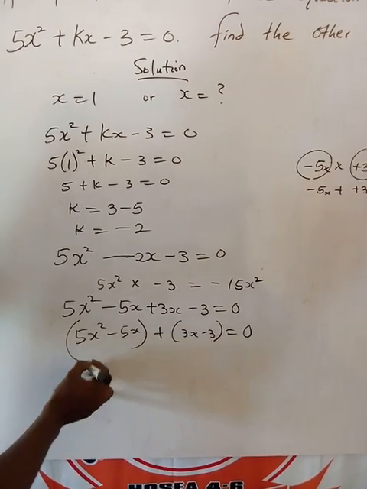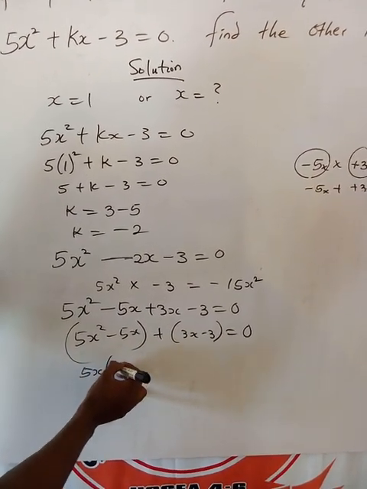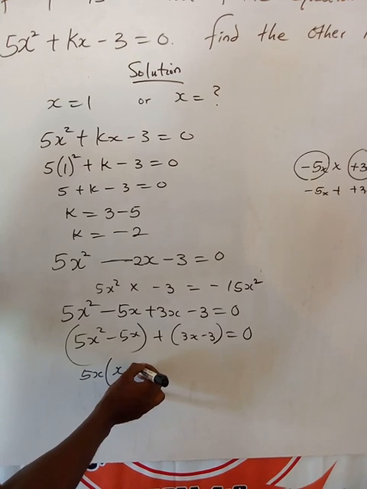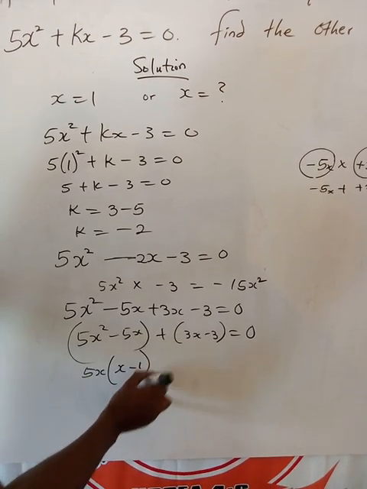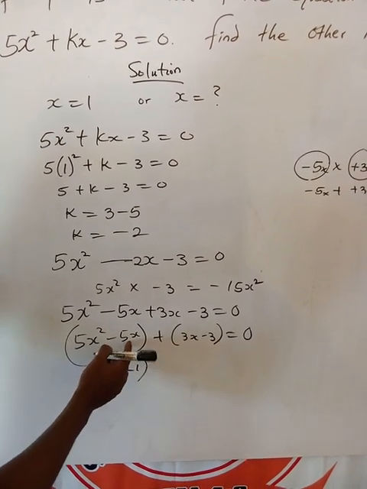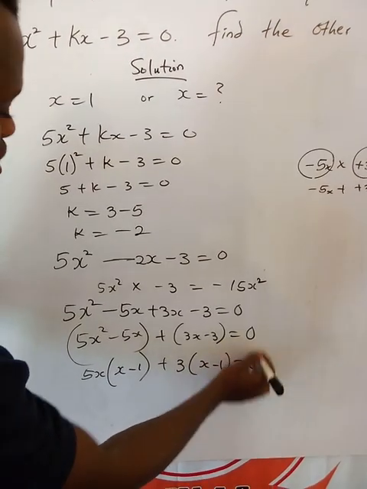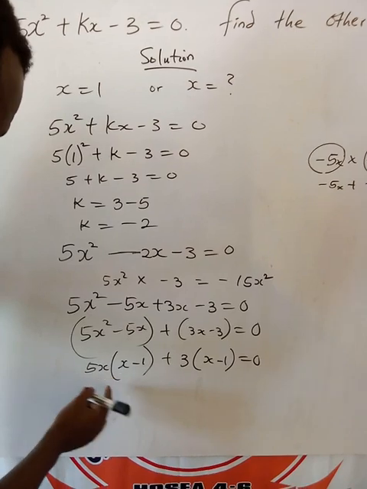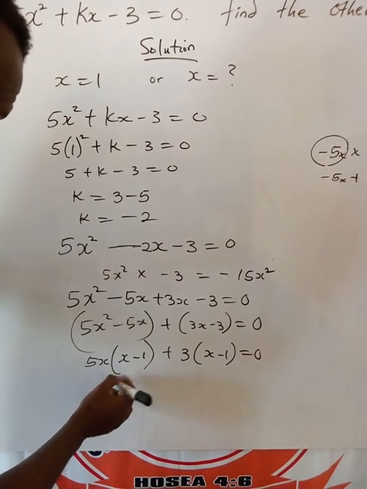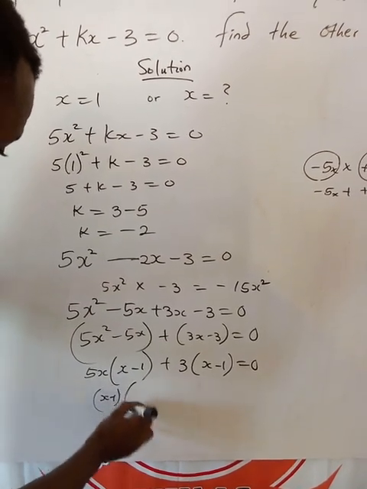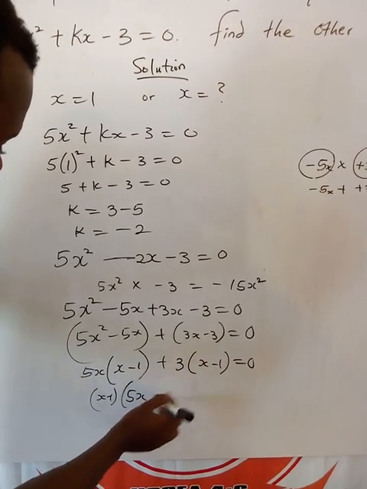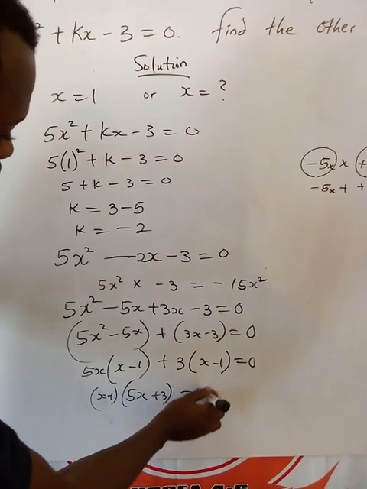Here 5 is common, x is common, so we say 5x is out, x minus 1, because 5x times 1 will return this back. And here 3 is common, x minus 1 equals 0. So x minus 1 is common, and we are left with 5x here and plus 3 equal to 0.